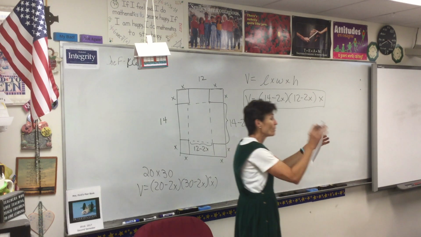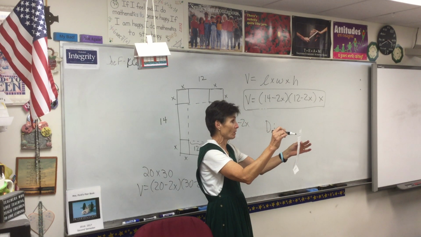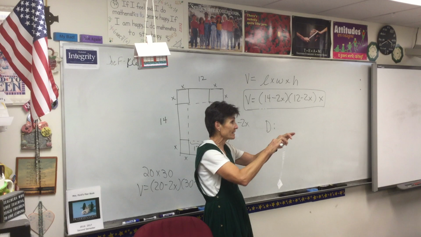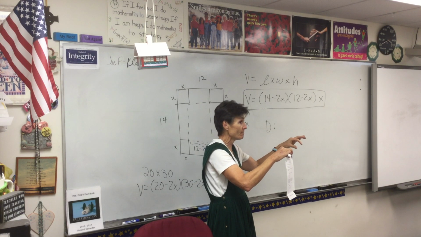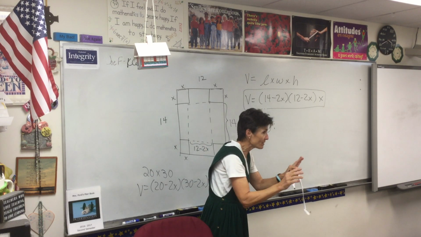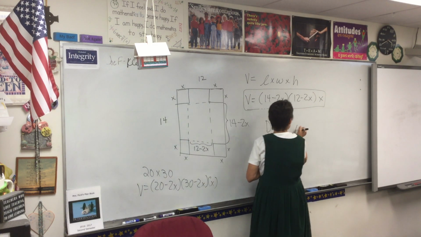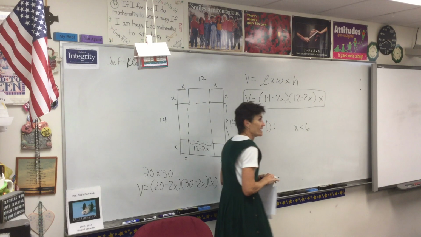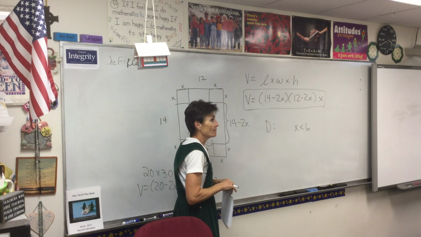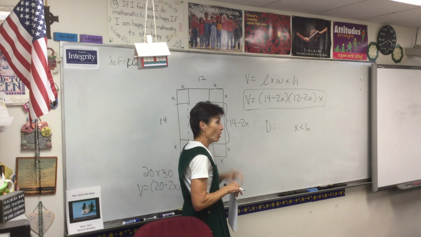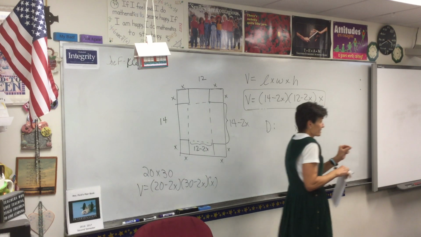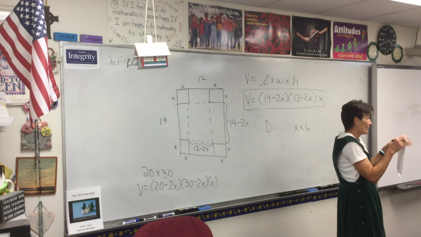If you had a 12-inch piece of paper, you could rip 6 off each side, right? But you wouldn't want to do that because then you wouldn't have a flap left. So we're going to say x has to be something less than 6. Could it be less than or equal to? No, because if it were equal to 6, what would happen? 0. You wouldn't have a flap.